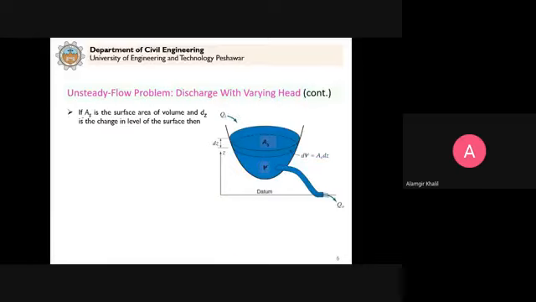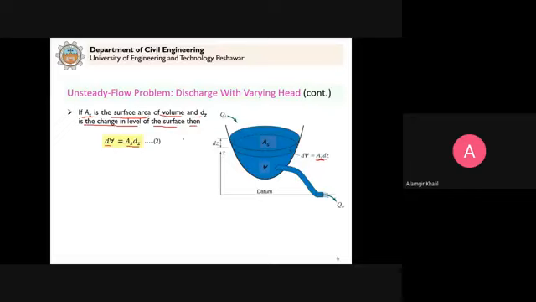If AS is the surface area of the volume and dz is the change in level of the surface, then this change in volume is equal to AS into dz, because dz is the differential change that has taken place. The change in the water level multiplied by the surface area is also the change in the volume.